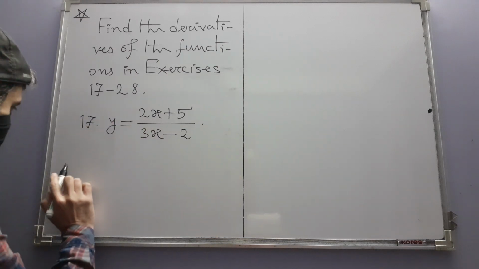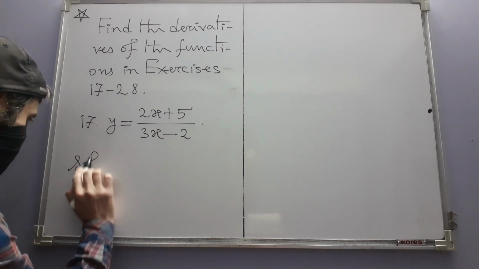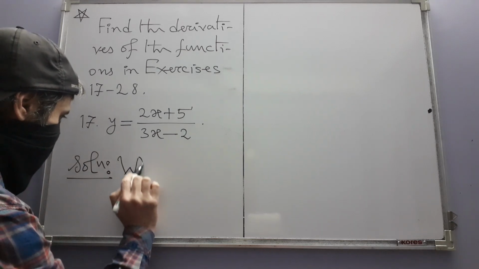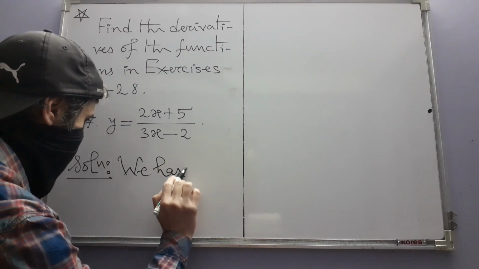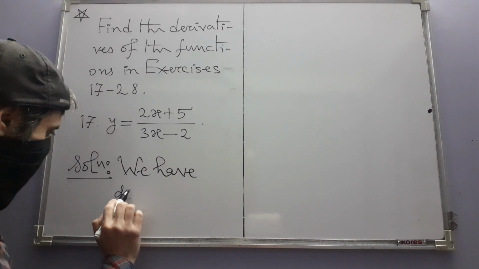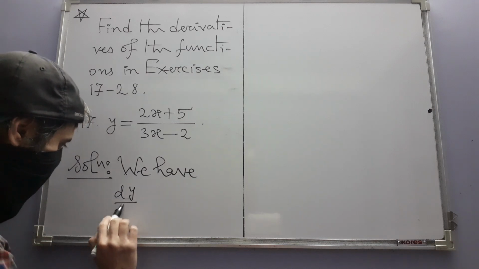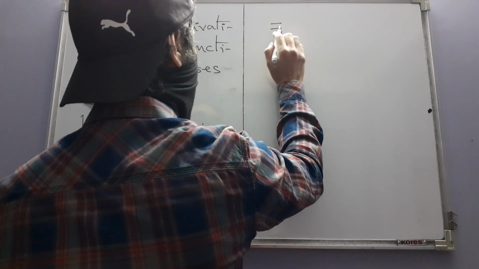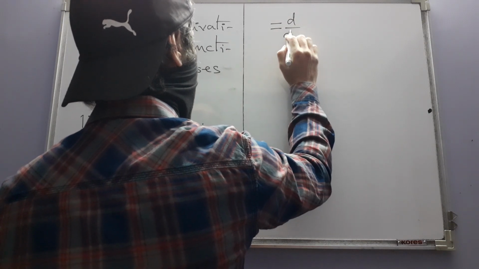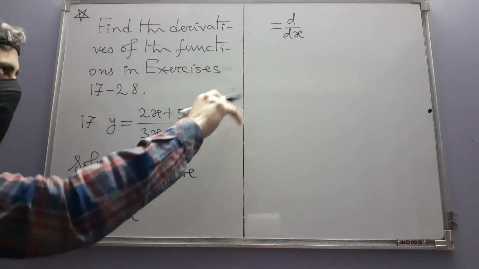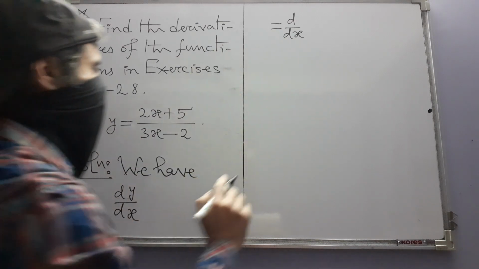So let's see the solution. We have dy dx. It's a good idea to first write this and then apply the quotient rule.